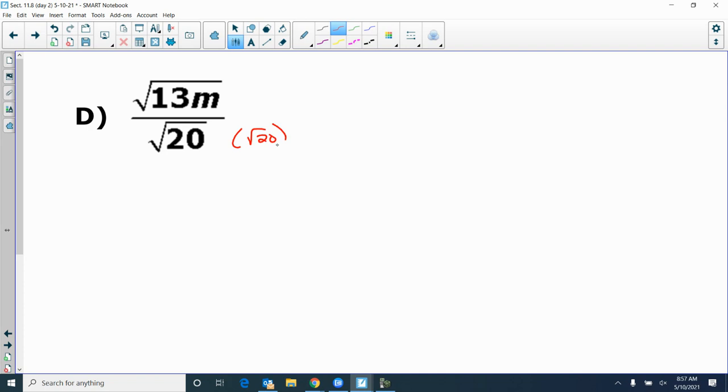Square root of 20 over square root of 20. What do we, Preston, what do we get on top? Square root of 260. Don't forget the M. What do we get on the bottom? 20. Square root of 20 times square root of 20 will be 20. Okay?